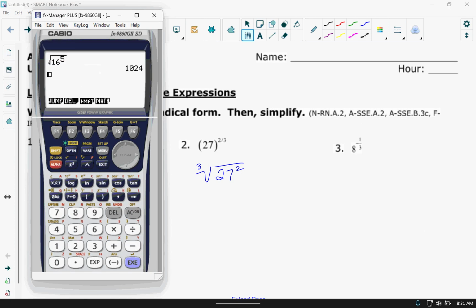The 27 has parentheses around it in the original problem, but I'm just not going to put them because it's positive, so it doesn't really matter. If there was a negative, I would put it. That really does matter. So in the calculator, we're going to type in Shift parentheses 27 to the 2nd power. And that answer is just 9.